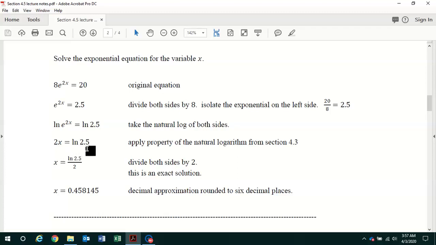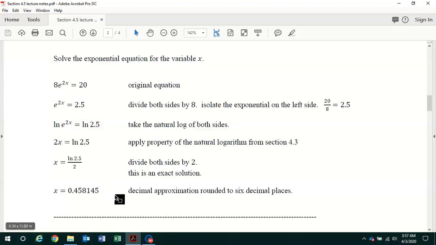Well, now it's solving for x, right? You just got to divide both sides by 2, and we get x is equal to the natural log of 2.5 divided by 2. This is the exact solution to the original exponential problem up here, right? You put in the natural log of 2.5 divided by 2 for x up here, and the left-hand side will equal 20.